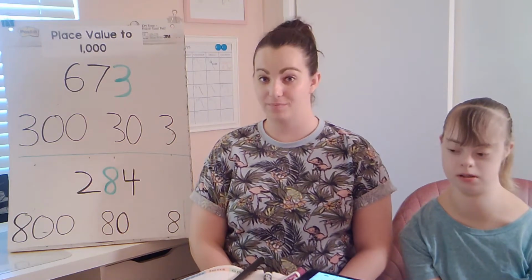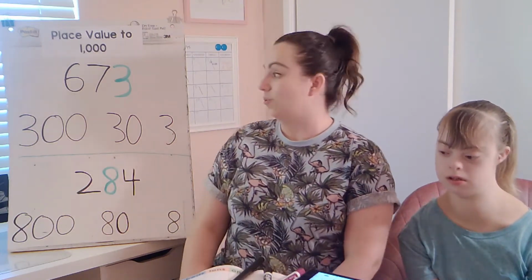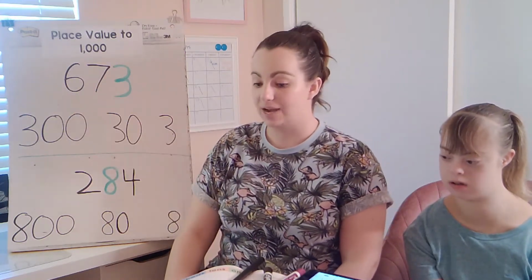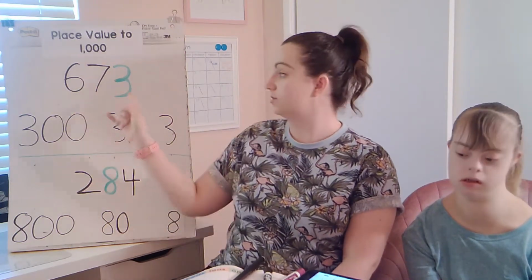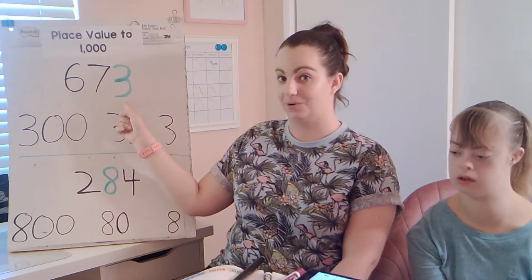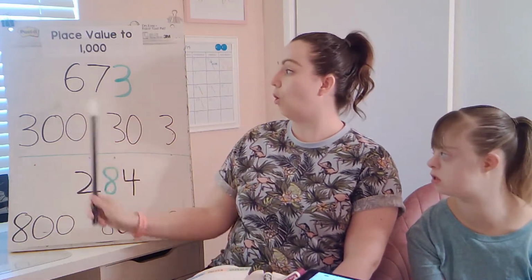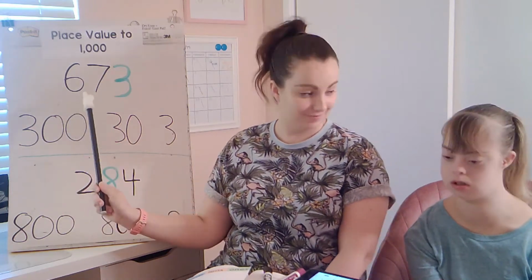Here we are, back with a few more problems. Once again, we're given a number and we're asked to find the value of the green digit. Let's start by reading the whole number together. Ready?